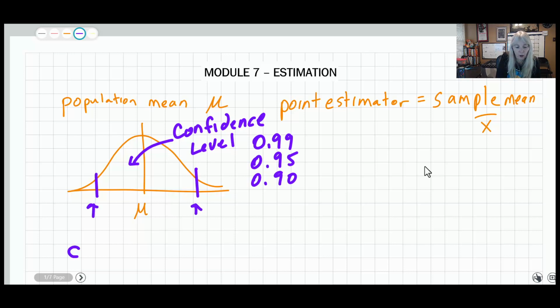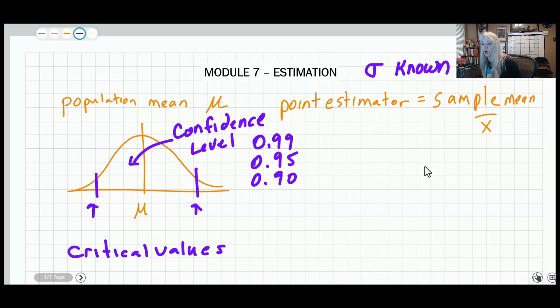Okay, so these are my critical values, and we need these in our formula to find our error. In this case, we're going to look at a population mean where we know the population standard deviation. Let's just say it is known. There's historical data, and this is known.